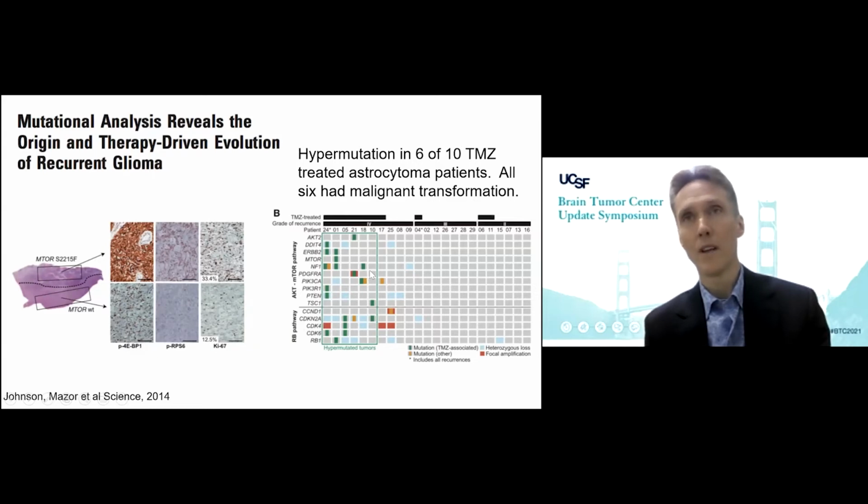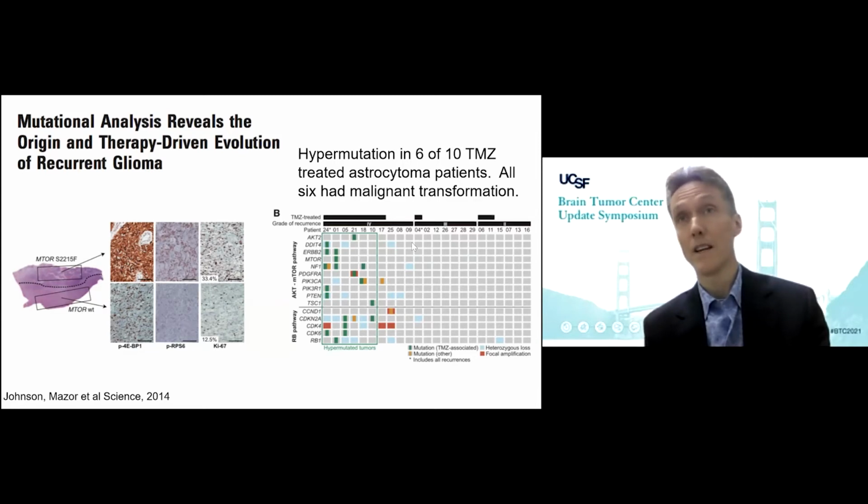And what we found was that in the hypermutated cases, there were mutations in one or more of these genes. In green represents a G to A mutation, the temozolomide signature mutation. They're prevalent in both of these.